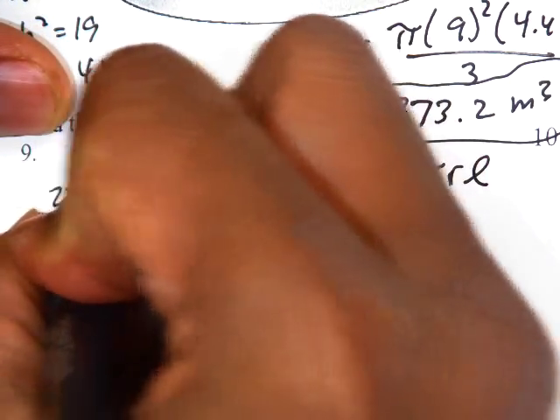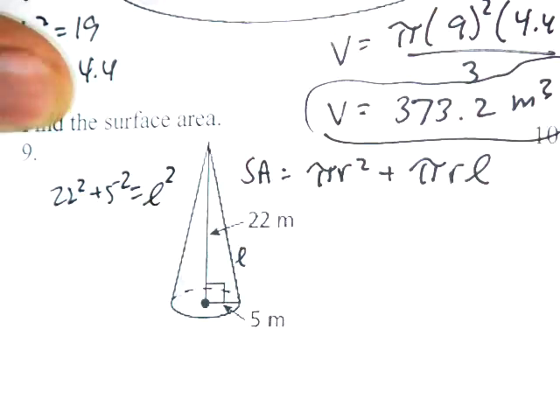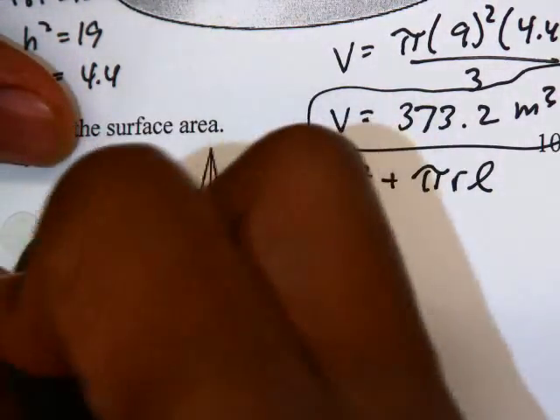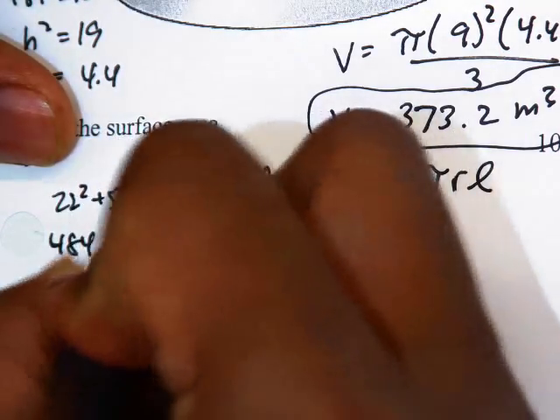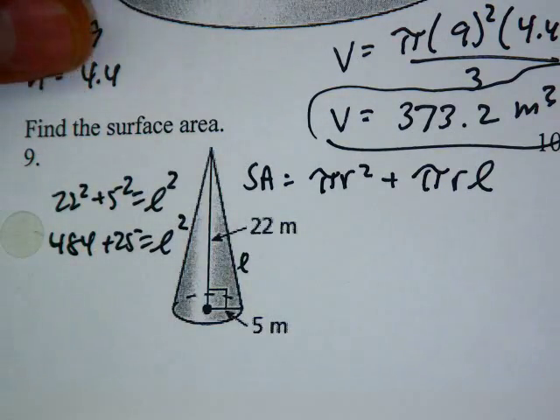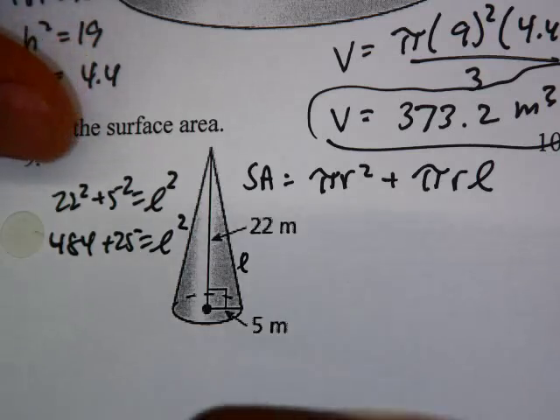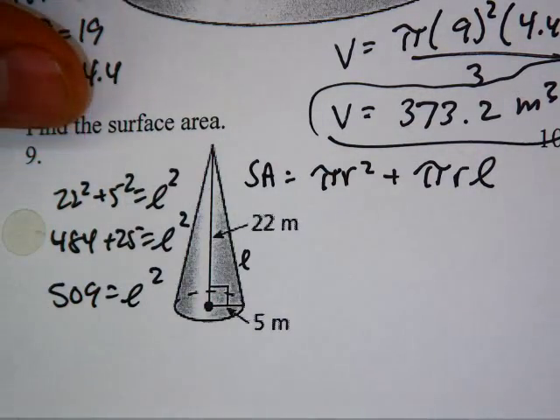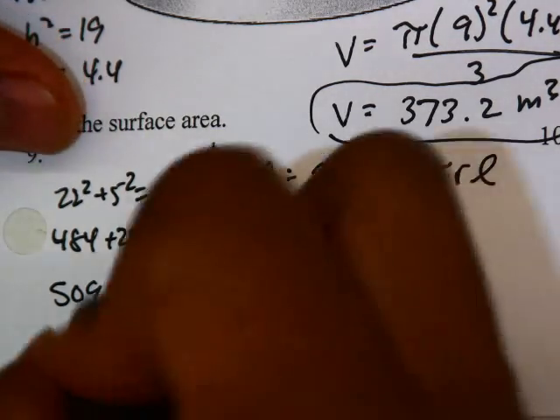So 22 squared plus 5 squared equals L squared. 22 squared is 484 plus 25 equals L squared. Combine these two and you get 509, and then square root to get the slant height. It's about 22.6.